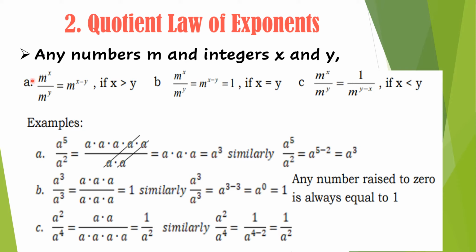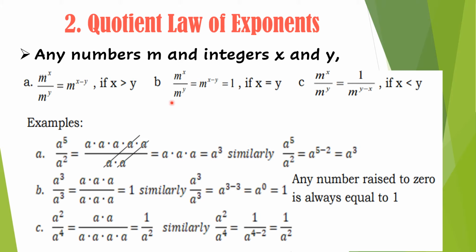Okay, we are dividing terms wherein pareho sila ng base pero magkaiba ng exponent. So, anong gagawin natin? Kopyahin yung common base and then isusubtract naman natin yung kanyang exponent. So, ito ang gagawin natin if x is greater than y. Kapag mas mataas yung value ni x kaysa kay y. So, i-minus natin ng ganyan.